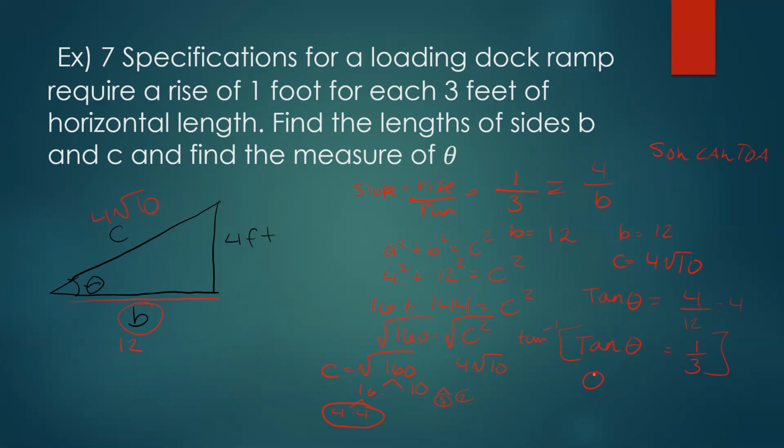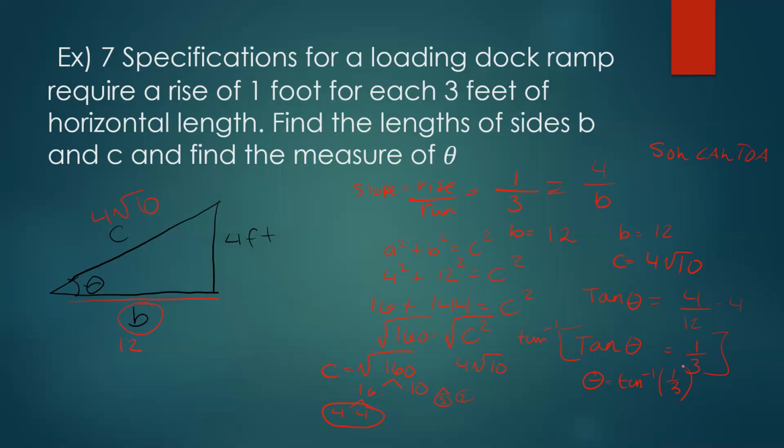So this would be theta equals tan inverse of 1/3. Now, go to your unit circle and see if there is any angle that'll give you a tan of positive 1/3. No, right? In your common unit circle, there's no such angle that'll give you a tan of positive 1/3.